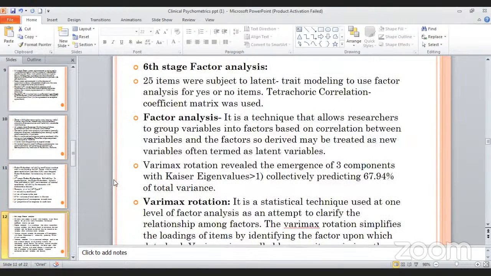Clear till that? Okay. The next step is to do the factor analysis. Do you have any idea about factor analysis? It helps us narrow down the various items that seem to measure a single factor.